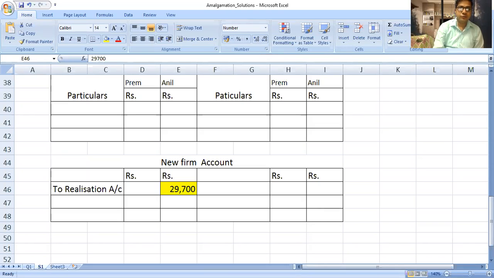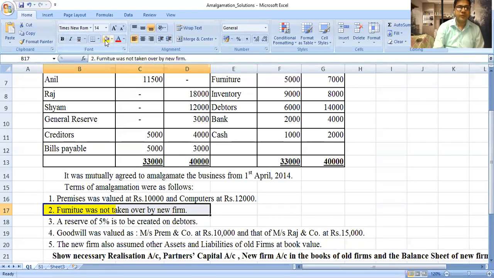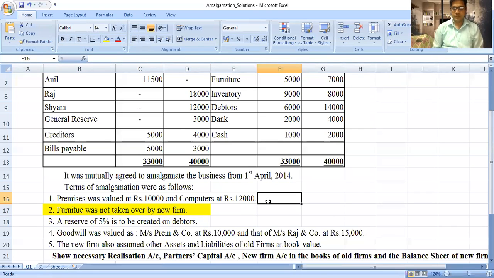Now, friends, if you see in our problem, second number, furniture was not taken over by the new firm. If it is not taken over by the new firm, this furniture can be sold by the old firm, or if it is not sold, it is taken over by the existing partners.